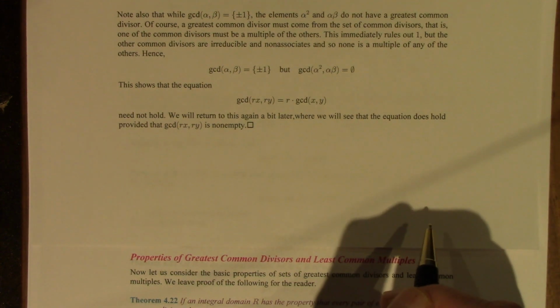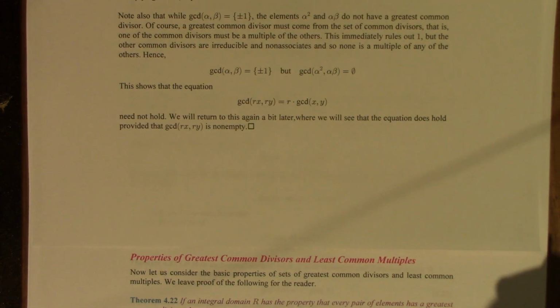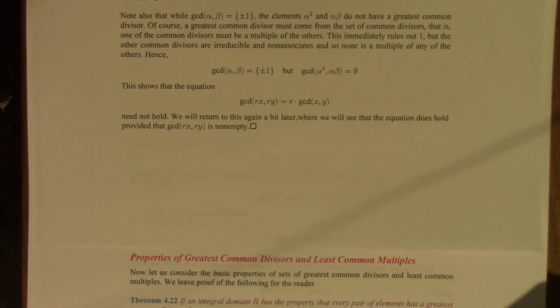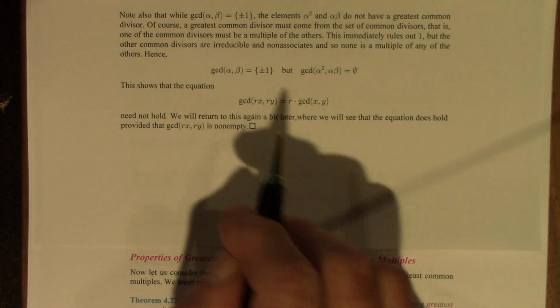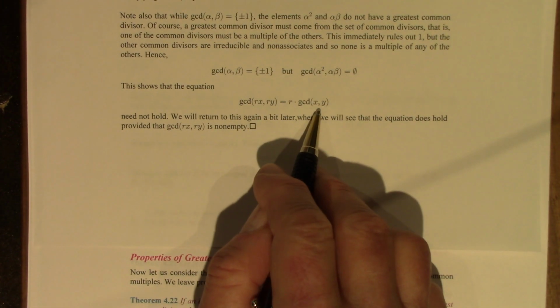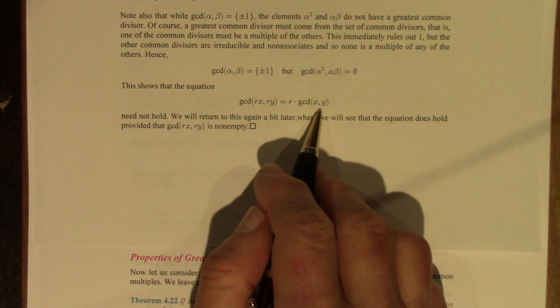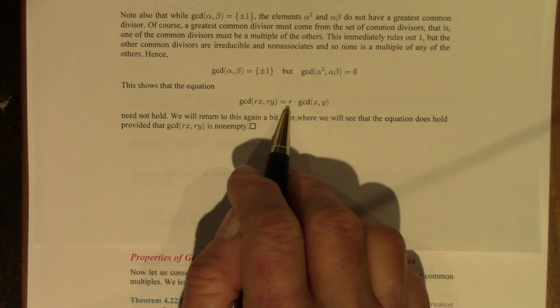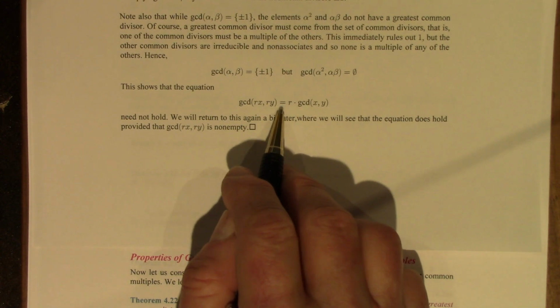Strange behavior, because essentially of the lack of unique factorization into irreducible elements. A subject, again, we'll take up in the next chapter. So this equation, which seems like it should be reasonable, does not necessarily hold. And we'll talk about that in a minute.